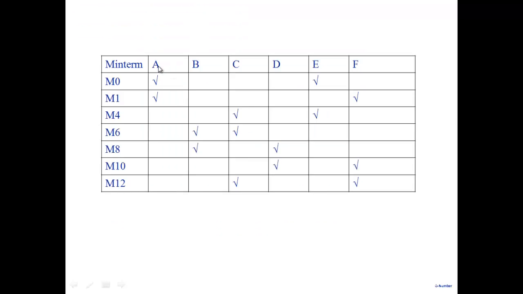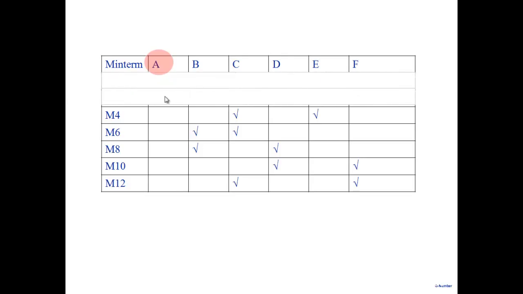If I include A, I keep A in my solution. So I eliminate A and all the terms that A covers. A covers M0 and A covers M1. Now I look at the table. Can I quickly find essential prime implicants and get a solution?